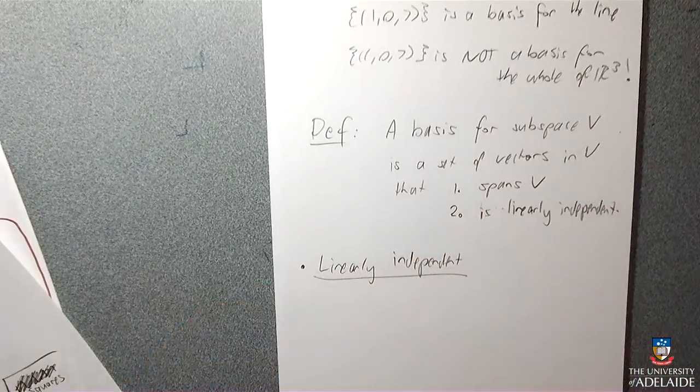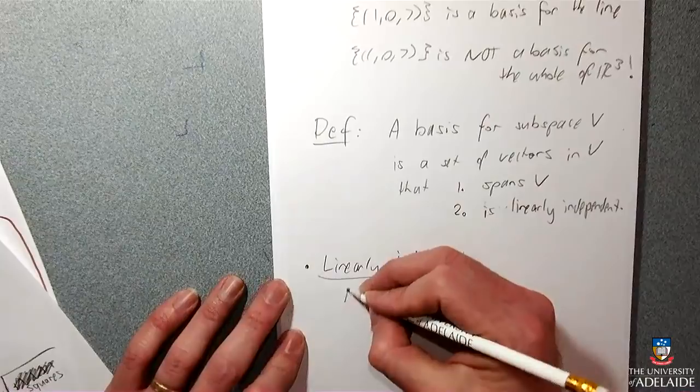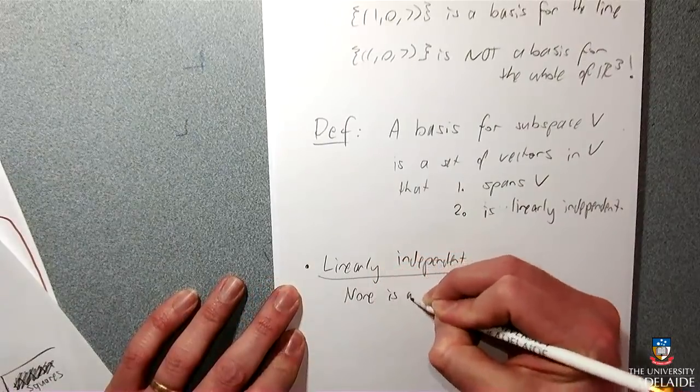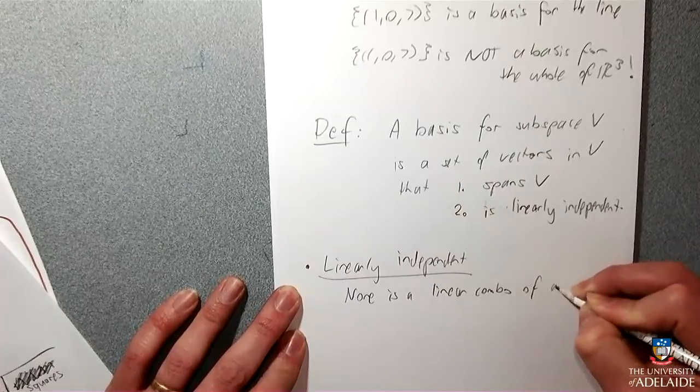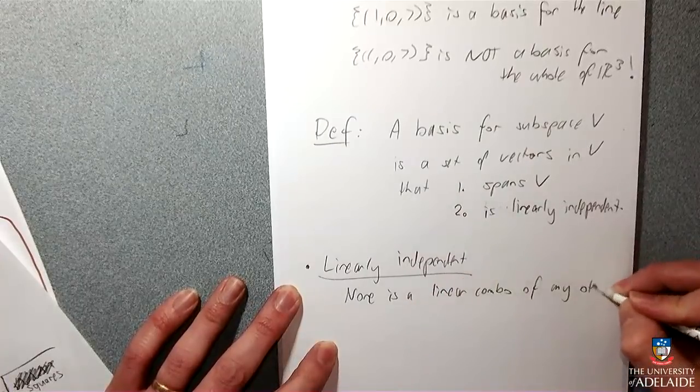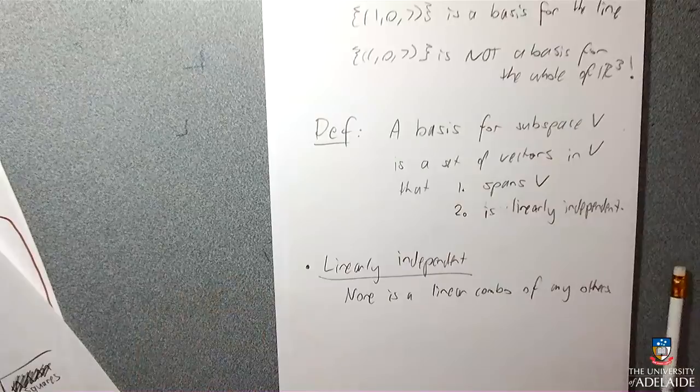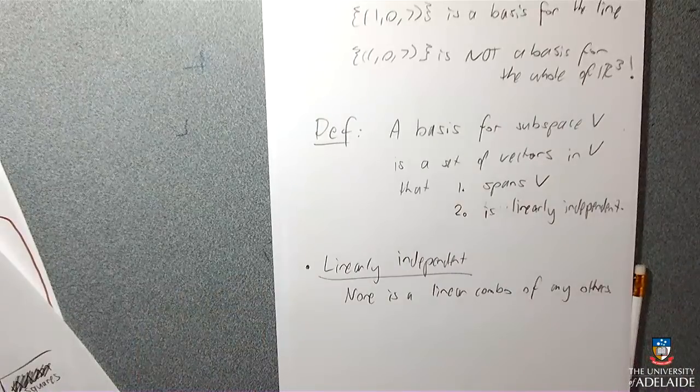The idea of linearly independent is that none of them is already a combination of any of the others. Because if one of them is already a linear combination of some of the others, then I wouldn't need it, because I can make it out of the other ones.